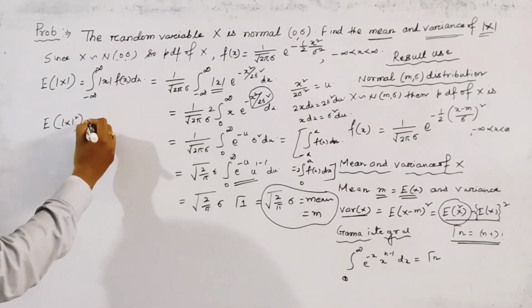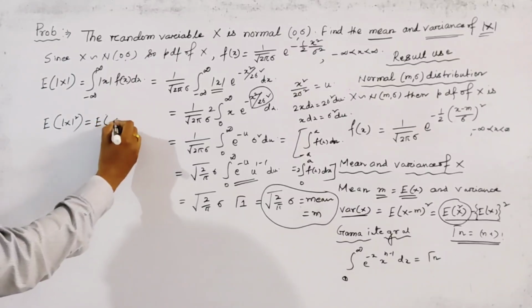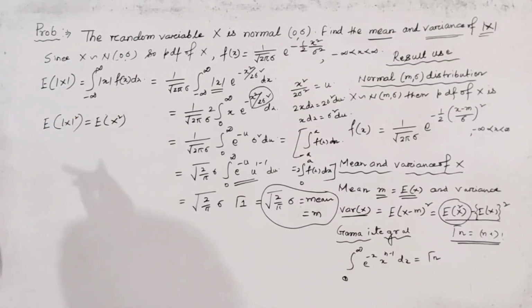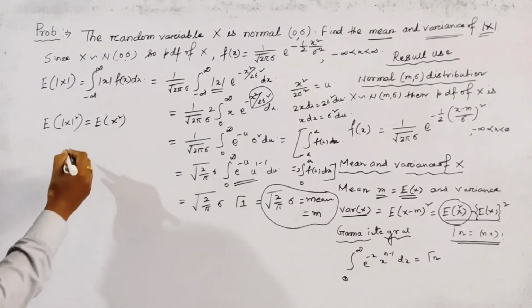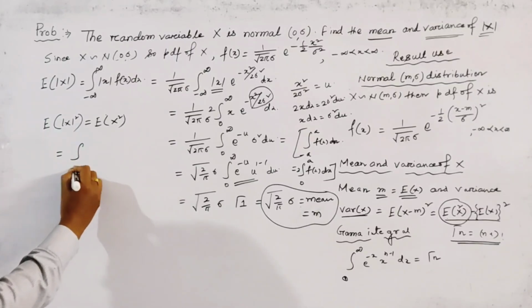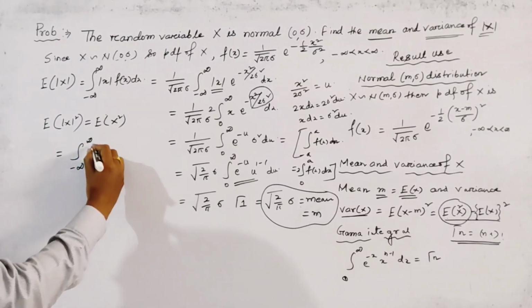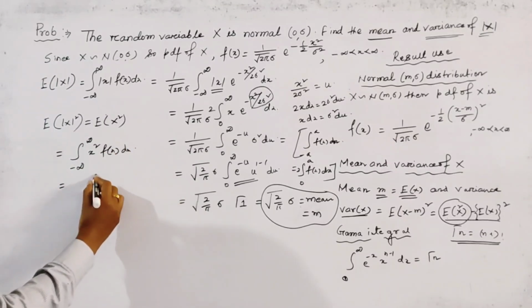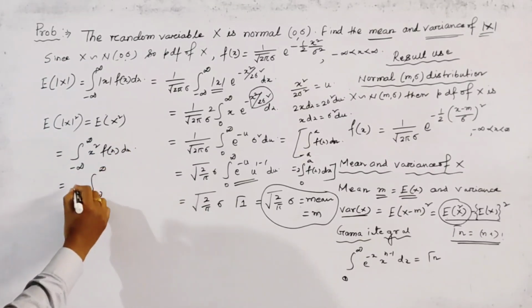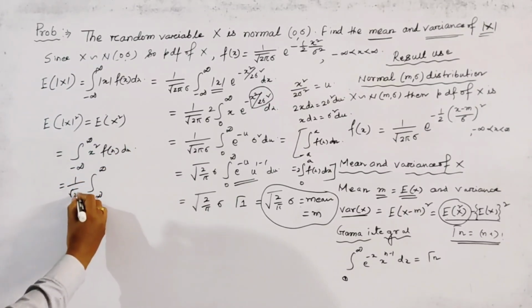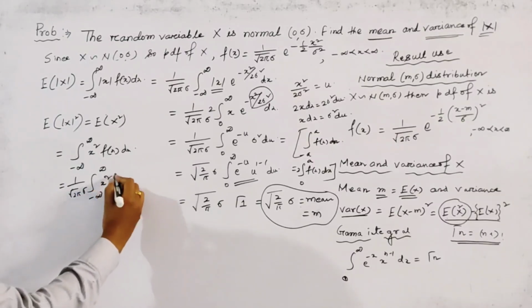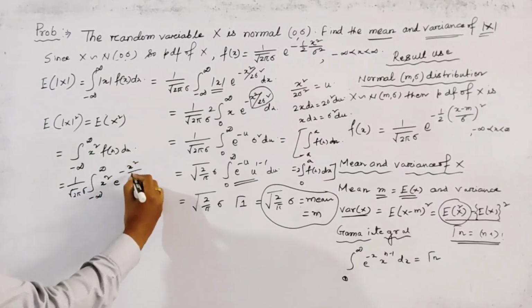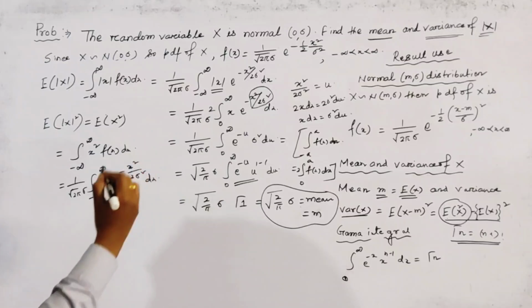Clearly, expectation of mod x whole square means expectation of x square, because there is no need for the modulus. The definition is the integral from minus infinity to infinity of x square f(x) dx, which is the integral from minus infinity to infinity of 1 by root 2 pi sigma x square e to the power minus x square by 2 sigma square dx.